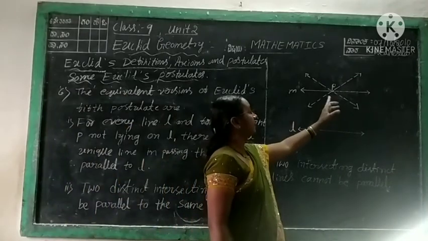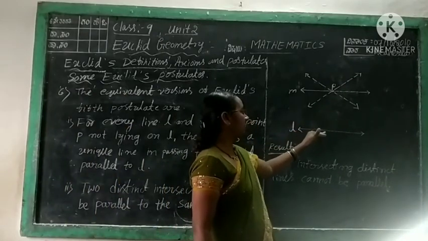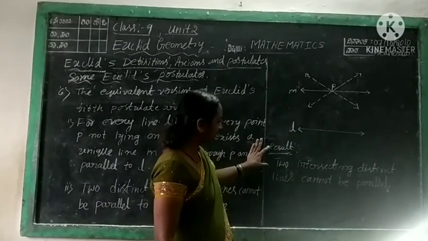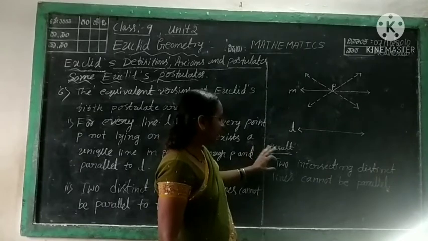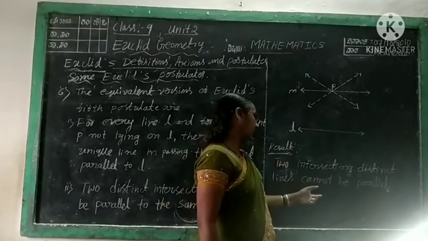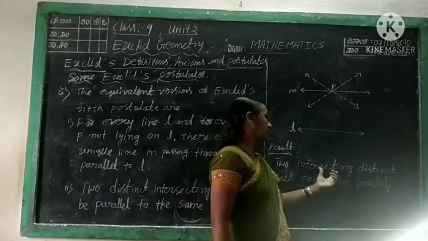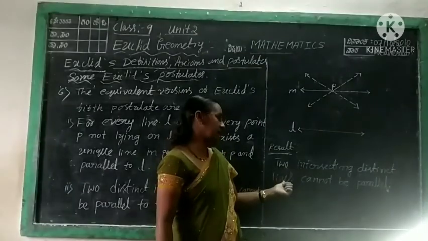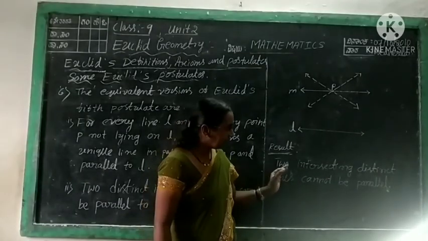Then the result, we conclude, is that two intersecting distinct lines cannot be parallel.